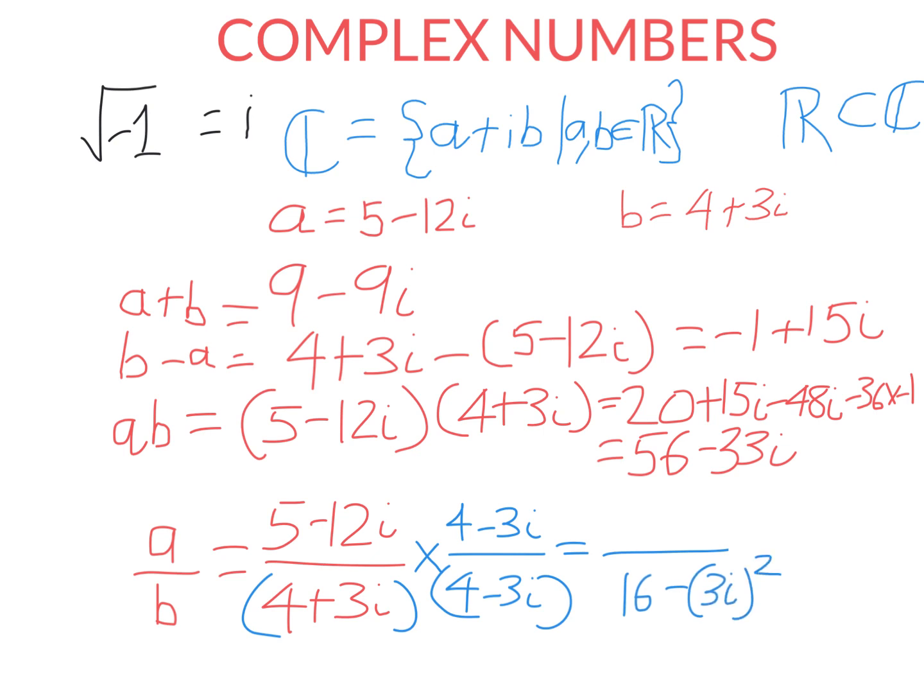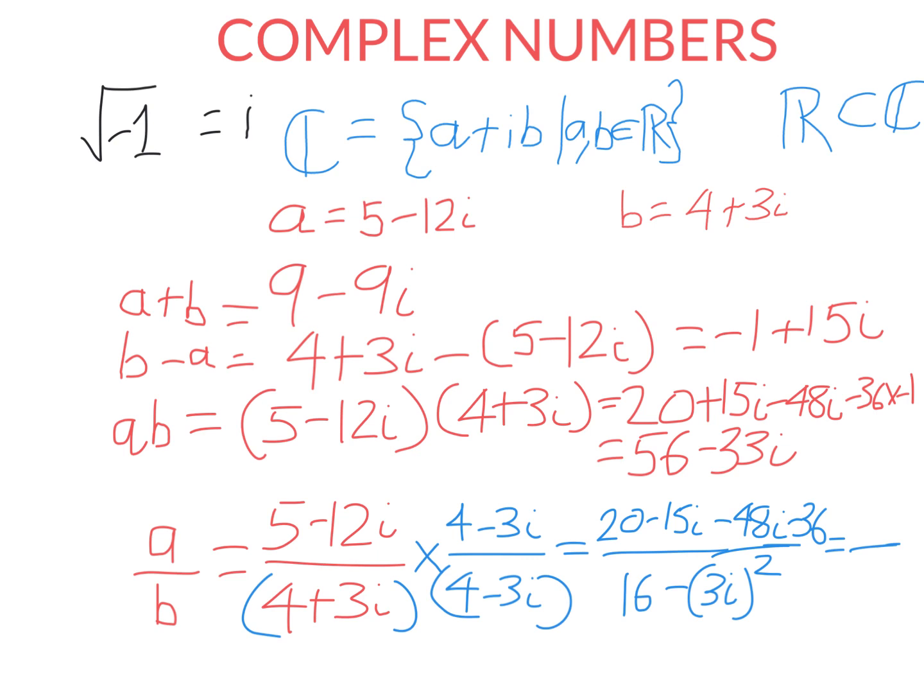So on top, using a similar thing to what we did there, we have 5 times 4 equals 20 again. 5 times negative 3i. Negative 12i times 4. And then negative 12i times negative 3i is 36i squared. i squared is negative 1, so this becomes a negative 36.